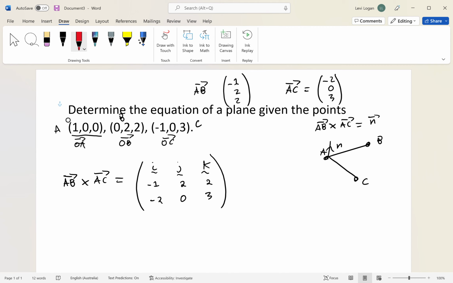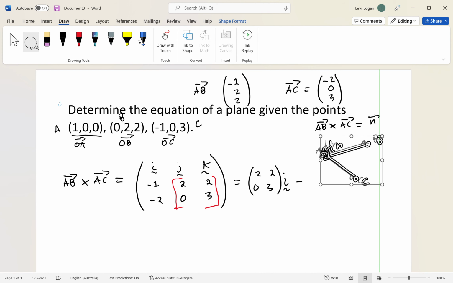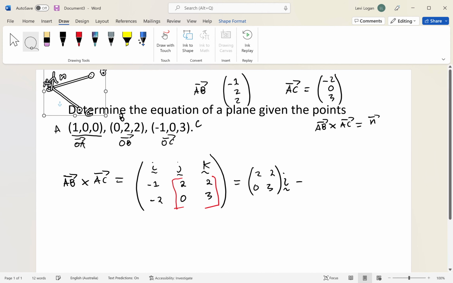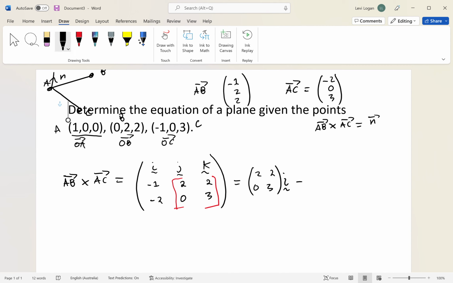And that's our 3 by 3 matrix. Now you've got to break this up. So to find the x component, you need to find the determinant of this 2 by 2 matrix. So we rewrite it like 2, 2, 0, 3, i. Then you're going to have to put a minus here. So I'm just going to move our diagram, because that's going to get in the way up here. It might be covering the question, but who cares? That's for the x component. For the j component, you need to find the determinant of this 2 by 2 matrix.